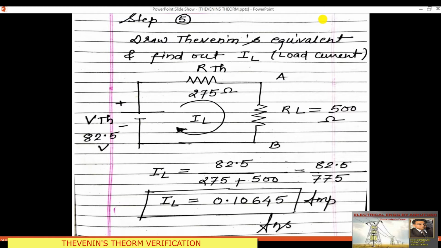First we will solve this numerical. You can also solve it in your copy. You can just note down the numerical and first solve it manually, theoretically, then we will go to our simulation.